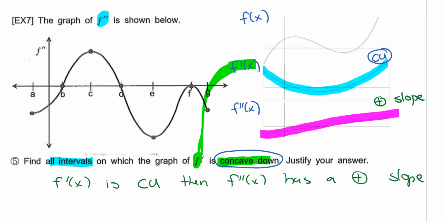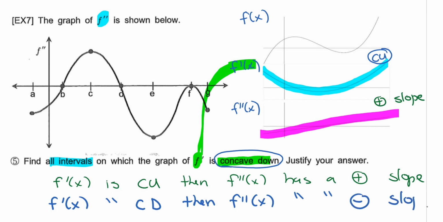Okay, now let's just see if we can use those results to switch up the answers now. If f prime of x is concave down, then what that means is the second derivative has a negative slope. Okay, so let me just erase this now.